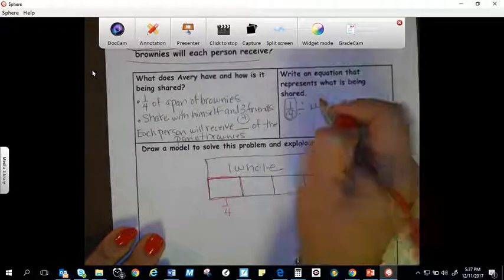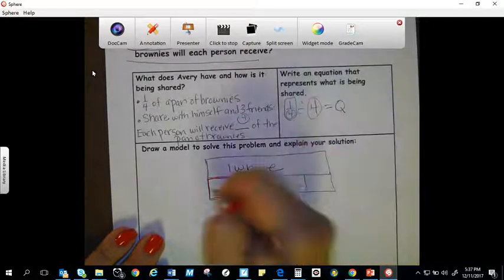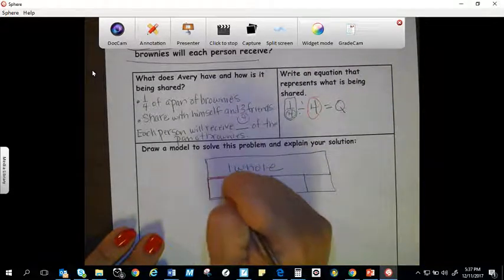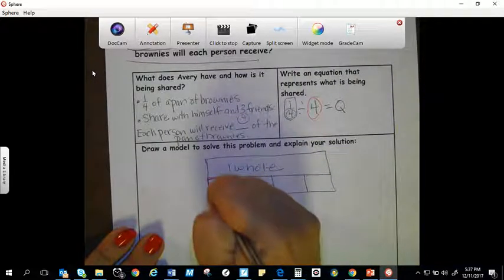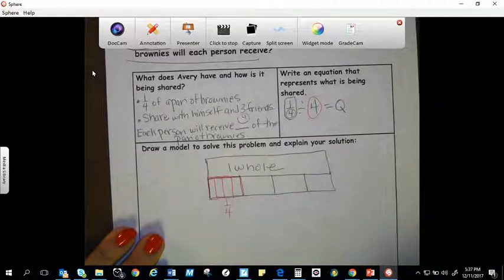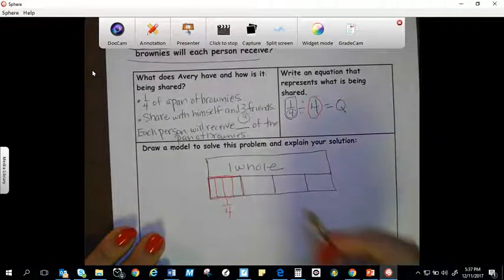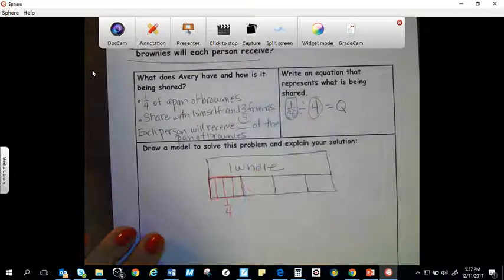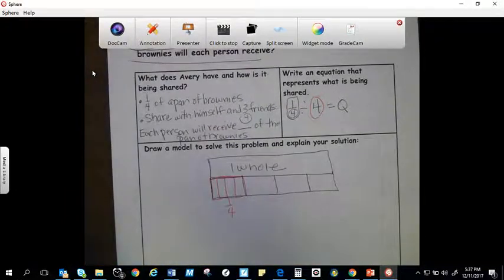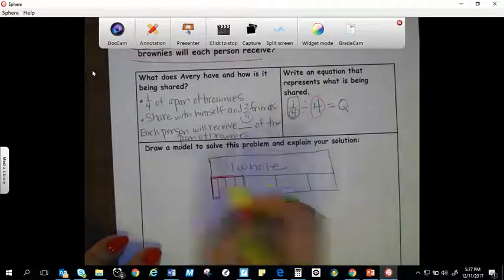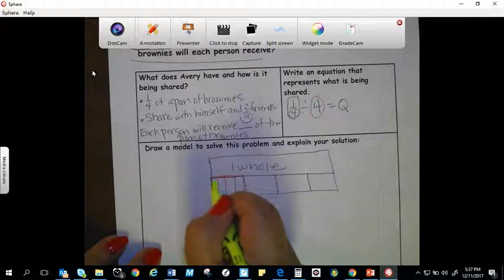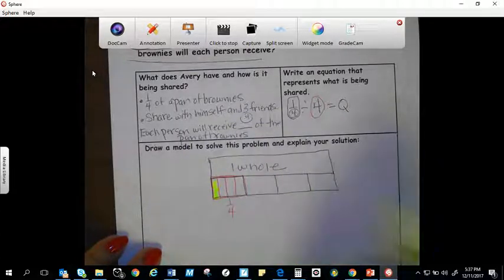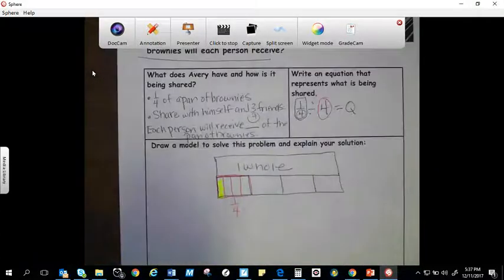Now I need to take it and share it with 4 people. So there's my 4 equal parts. Now again, this is the only one that I'm using. So if this represents 1/4, now I sliced it up and I have this one. Well, each one has 4 parts in it.